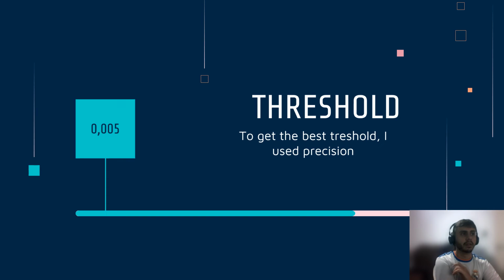To get the best threshold to define if a user will buy that item or not, I also tried optimization, but now maximizing the precision, and my result is here.